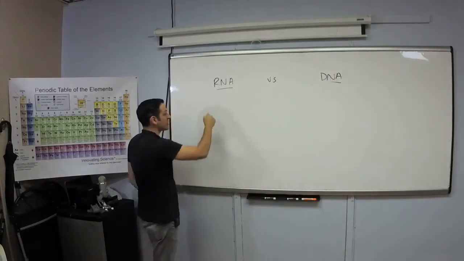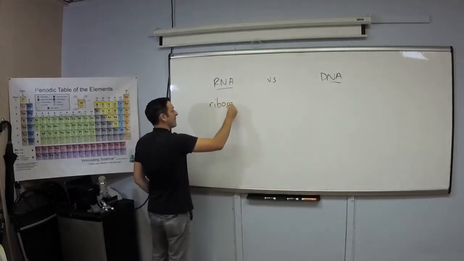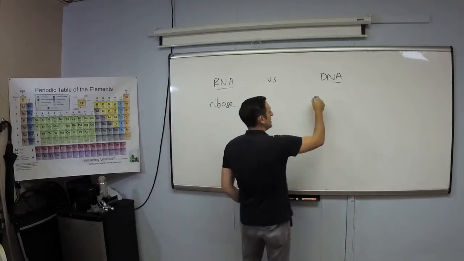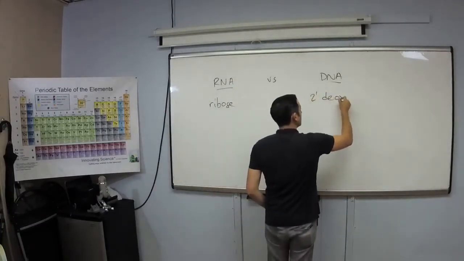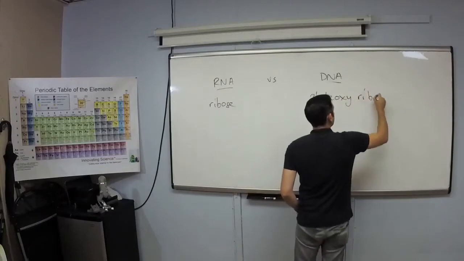So RNA is a ribose base, and DNA is a 2' deoxyribose.